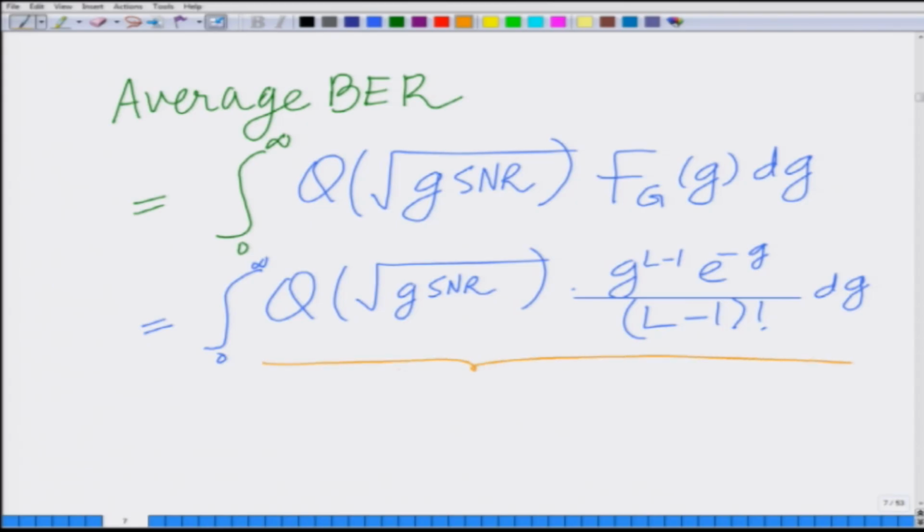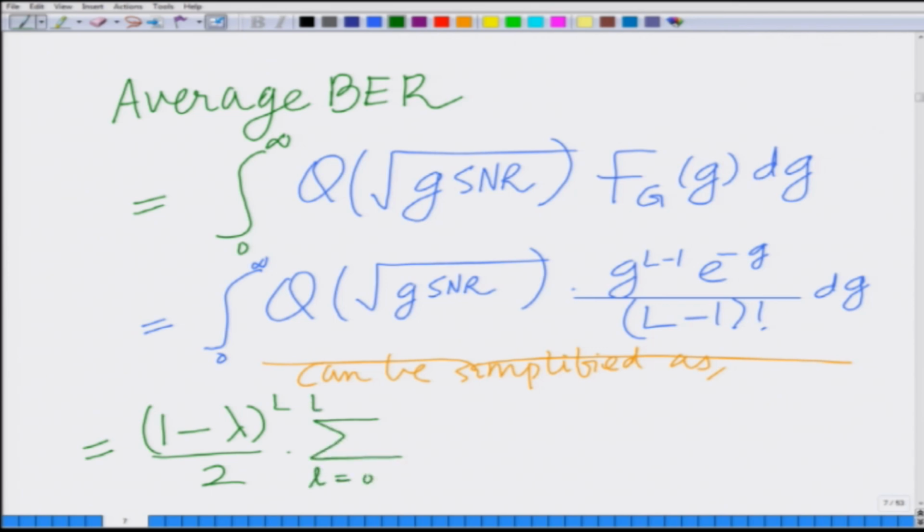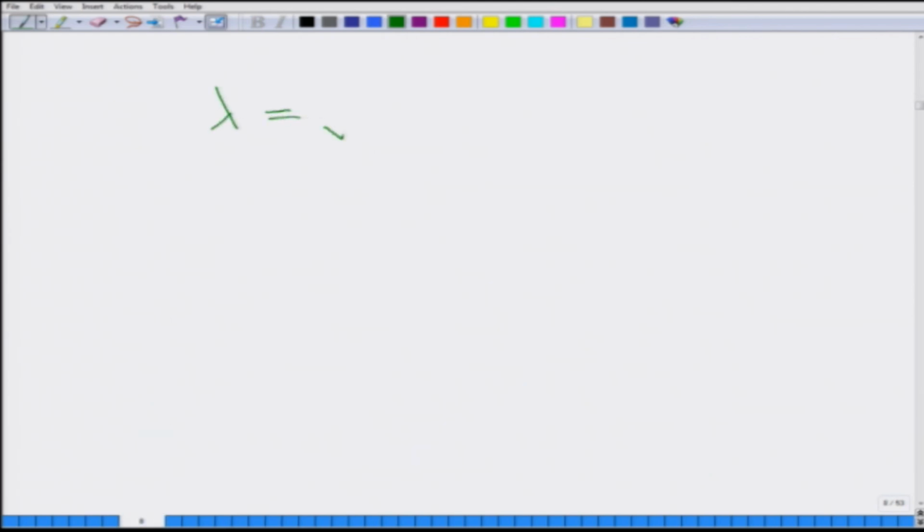And this integral can be simplified as equal to 1 minus lambda by 2 raised to the power of L, summation small l equal to 0 to L minus 1, L plus l minus 1 choose l, 1 plus lambda by 2 raised to the power of small l, where this quantity lambda is equal to square root of SNR divided by 2 plus SNR.